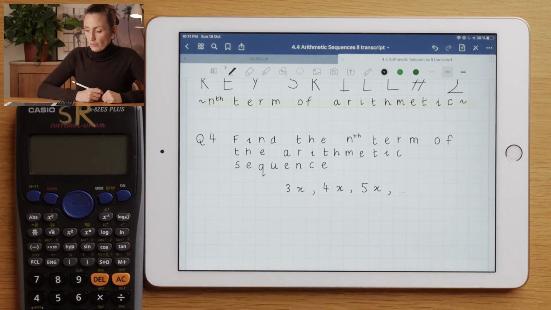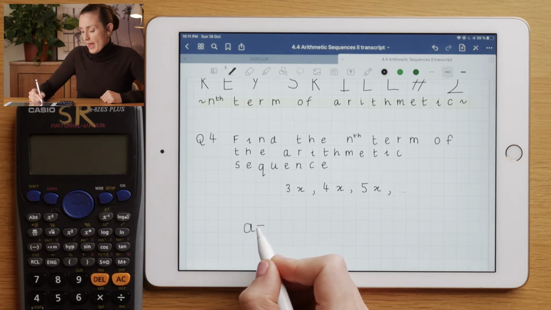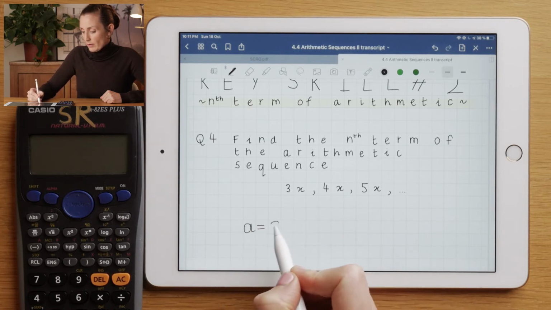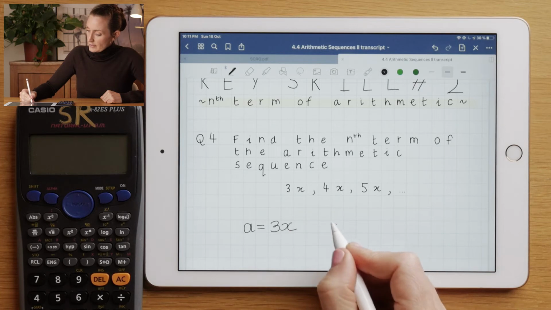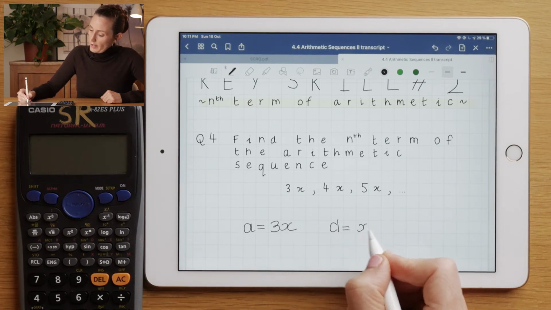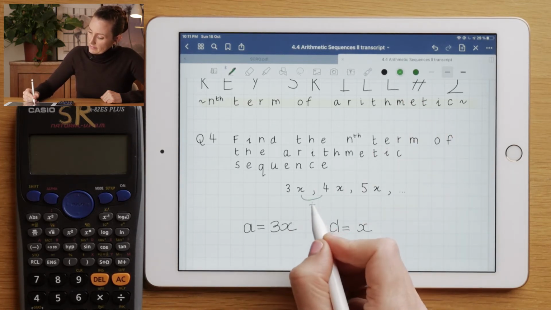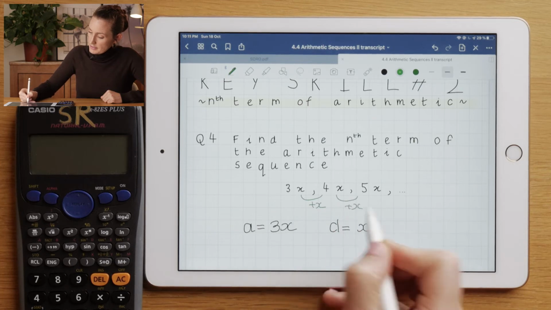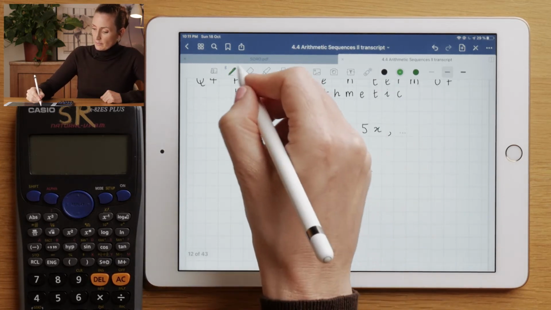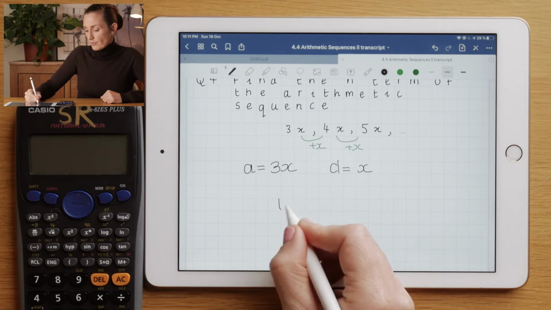In question 4, we're going to have everything in terms of x. So A would be 3x. D would be 1x because you need to add x every time to get the next term. I'm going to write down my formula.